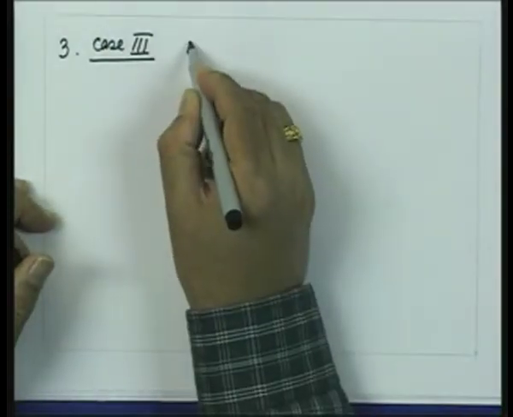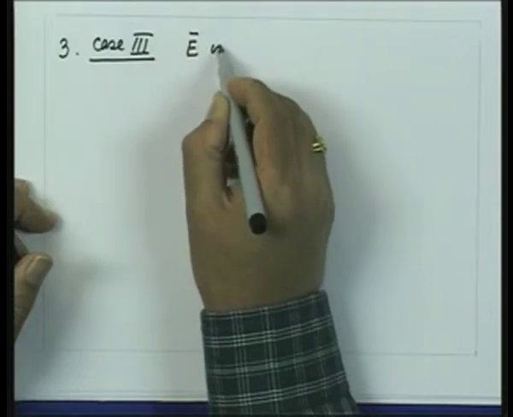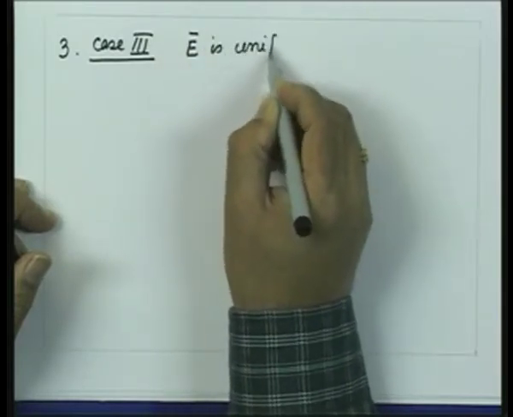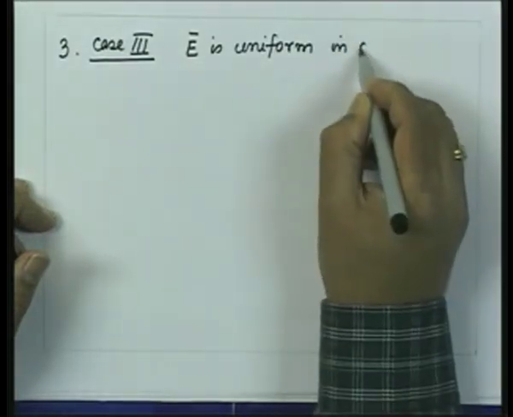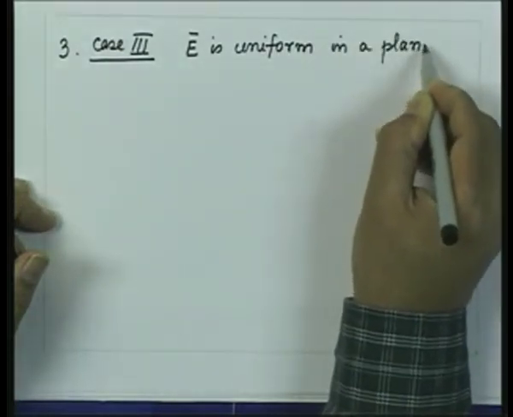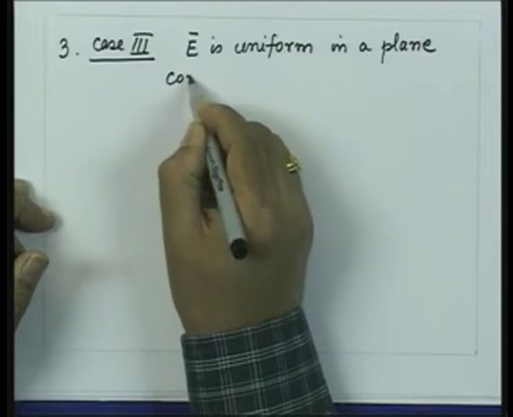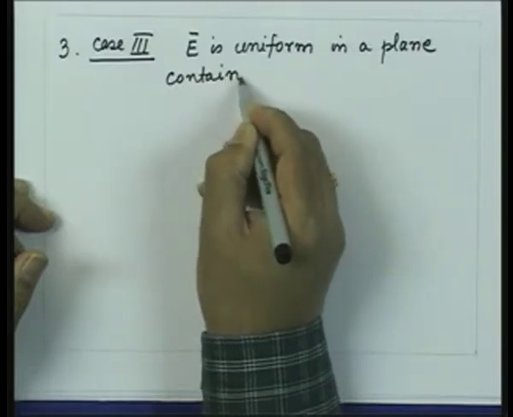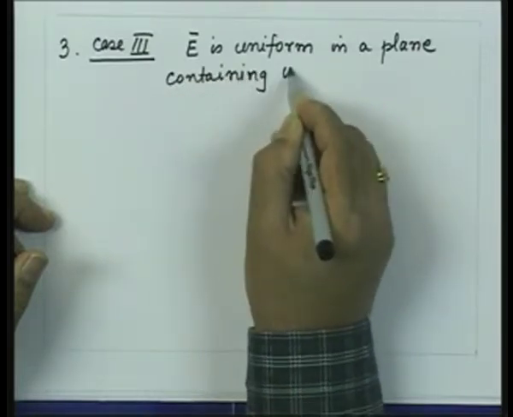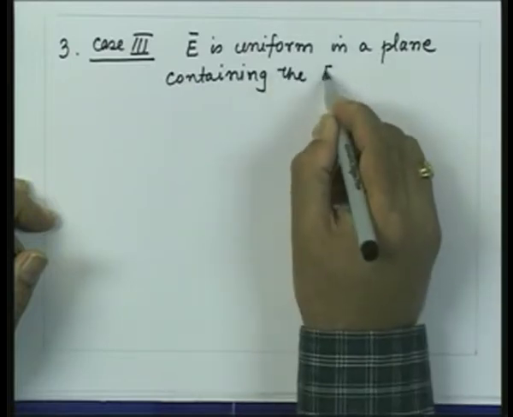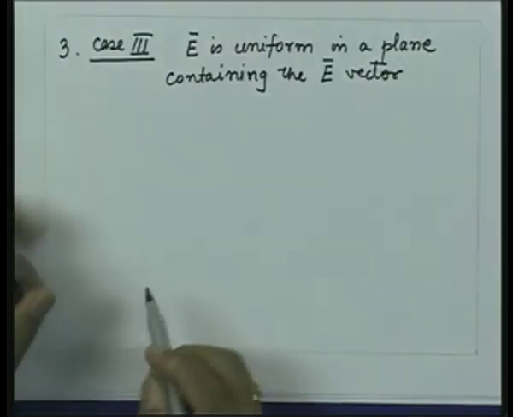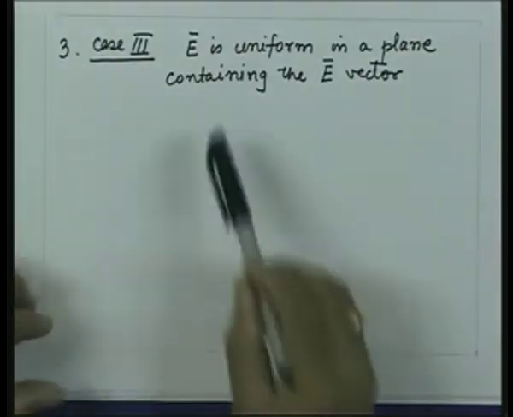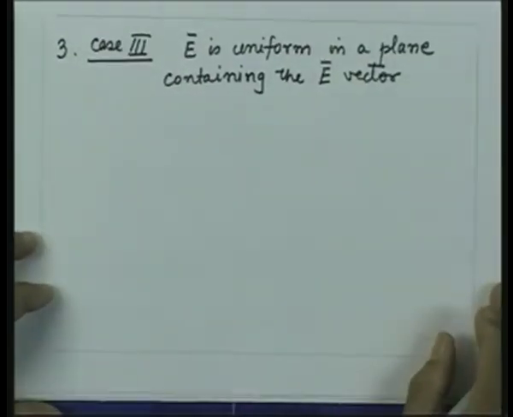that E is uniform in a plane containing the E vector. And in this case we are taking the E vector which is oriented in x direction.